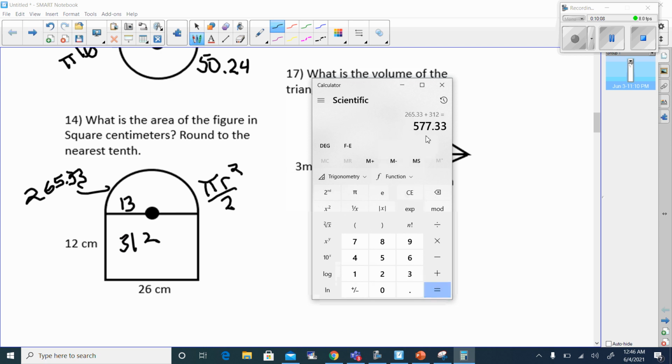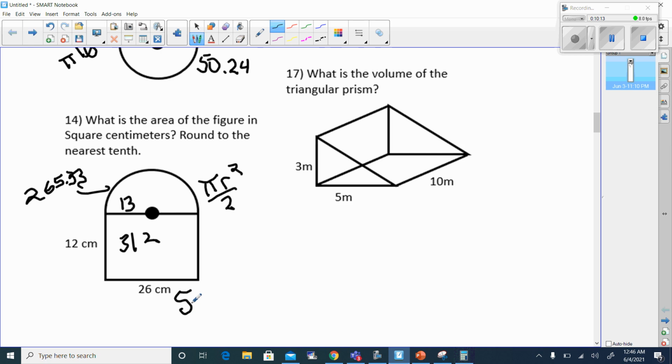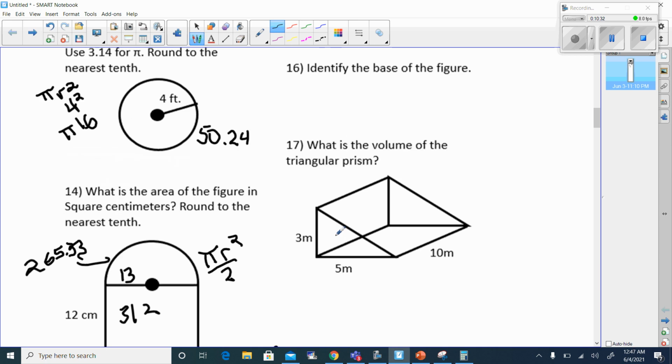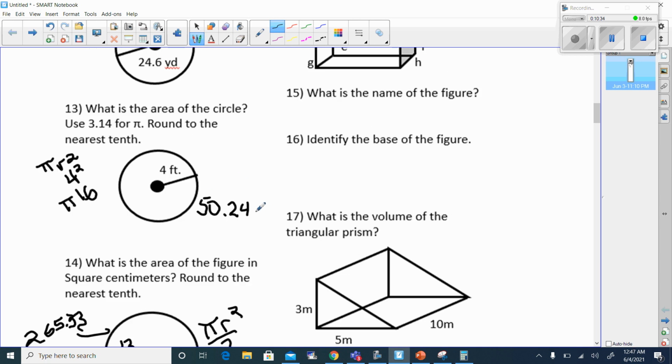That's going to equal 577.33. If I'm rounding to the nearest tenth, that would be 0.3. And of course, since it's centimeters, it'd be centimeters squared. And since this is area, this would have been feet squared.